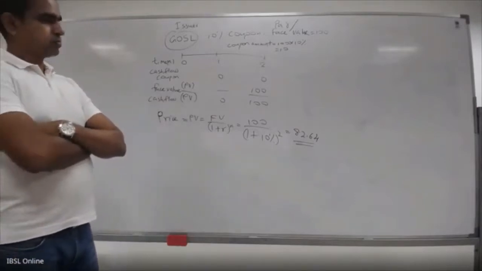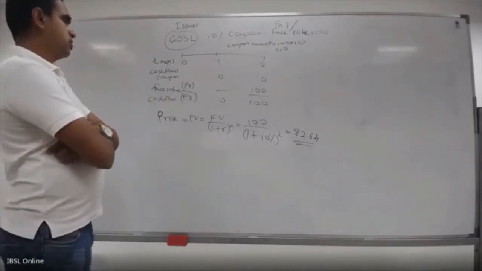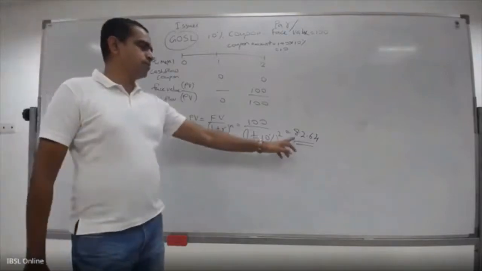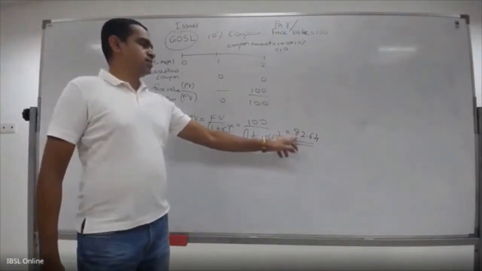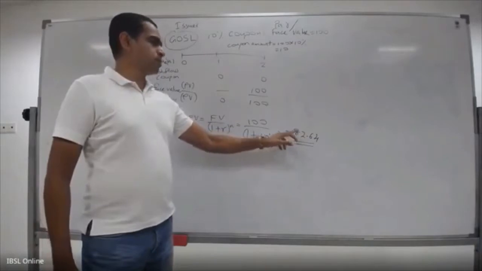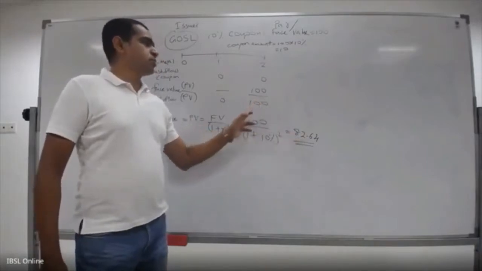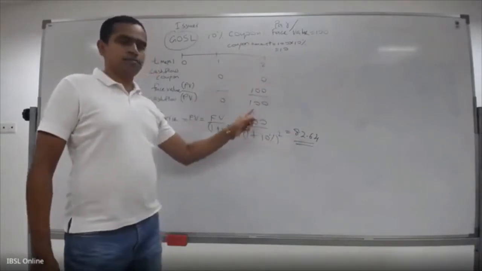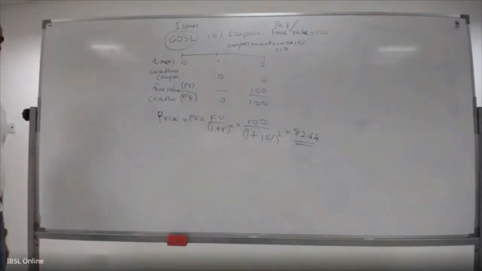Okay. So in this case, what you do is you invest 82.64 today in a zero coupon bond. Your return will be 10% if you get the face value of 100 at maturity in 2 years.